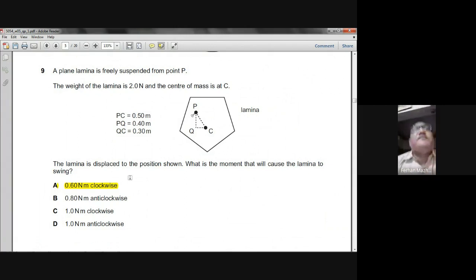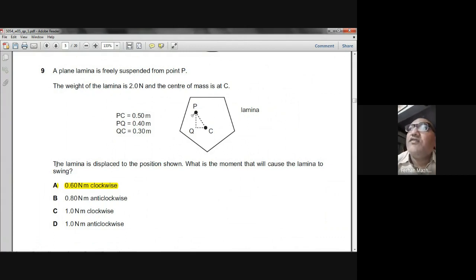So you see, this is the pivot. Here we will have the line of action of the weight. If you want to find out the moment produced by this, that will be equal to the weight multiplied by the perpendicular distance between the pivot and the line of action of the weight.